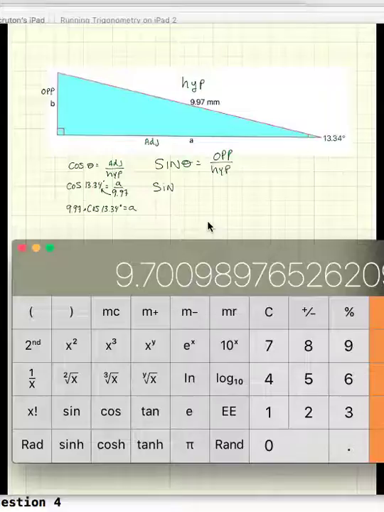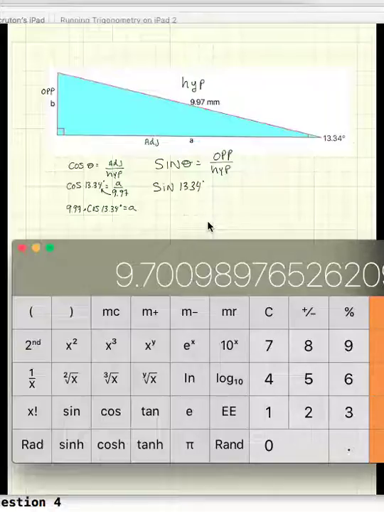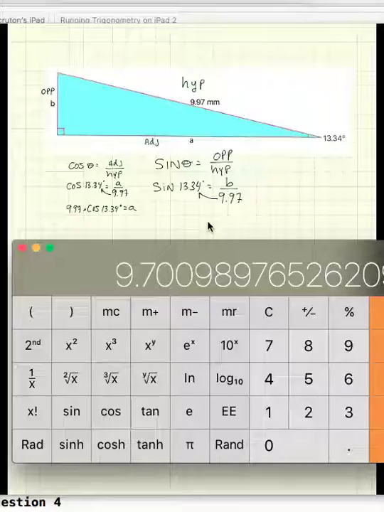So the sine of our angle, which is 13.34 degrees, is the opposite, which is our B side, divided by the hypotenuse, which is 9.97. All right, we're going to multiply that 9.97 out of there, and we're left with 9.97 times the sine of 13.34 degrees is equal to B.